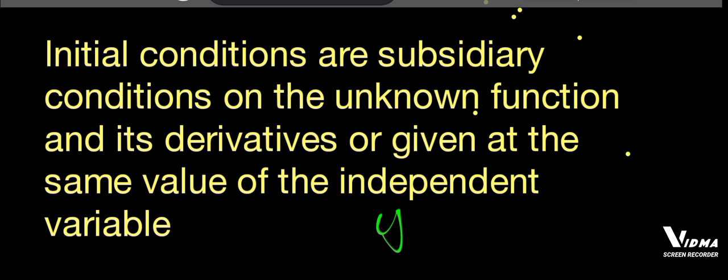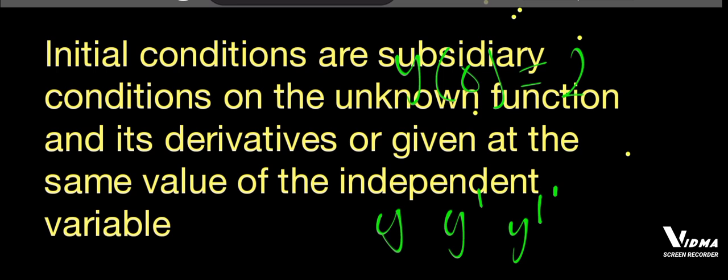So I can have an initial condition on y prime, on y prime prime, if that's our unknown function, and it is given at the same value of the independent variable. So let's say I have y at 0 is equal to 2. This is a subsidiary condition.